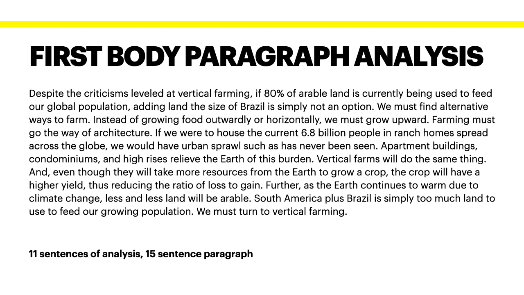Remember what the prompt said: develop your position. It didn't say develop the source's position. So an over-reliance on sources will probably not score. It will probably not get to the level of 4 where we need it to be to get college credit. So very important to inject yourself in here.